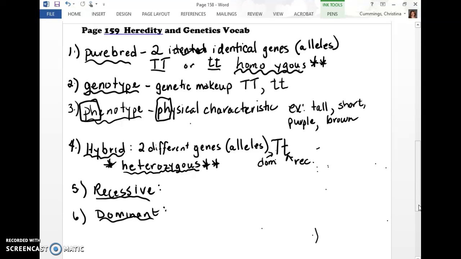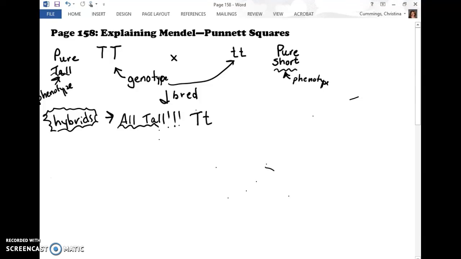So a recessive gene or a recessive allele is an allele that is masked by a dominant. Like the tall allele masks the short when they're together.